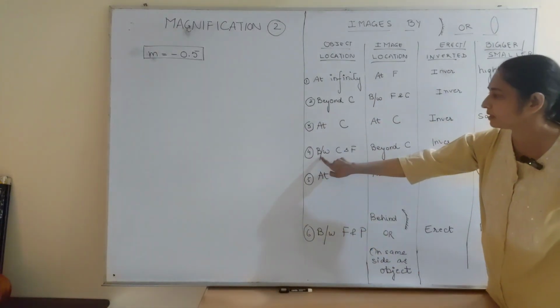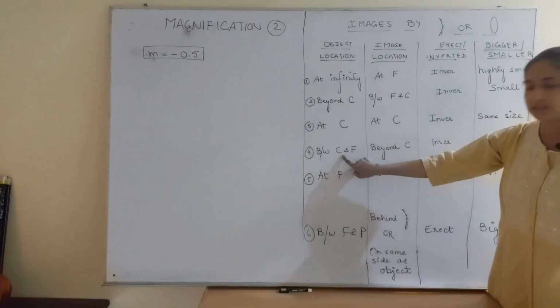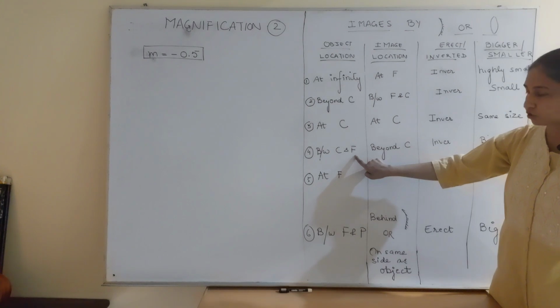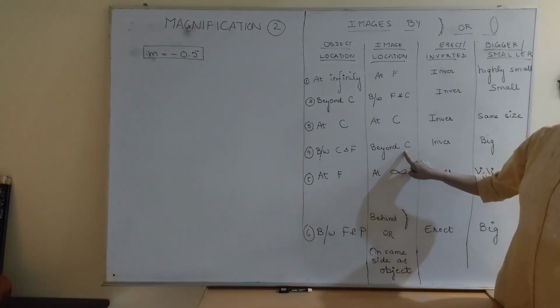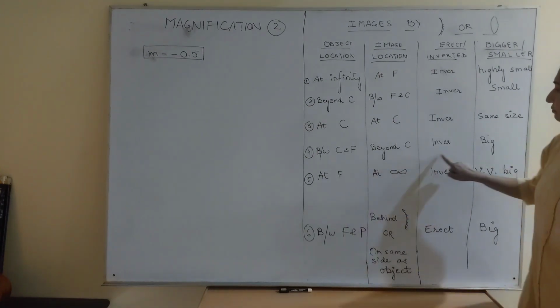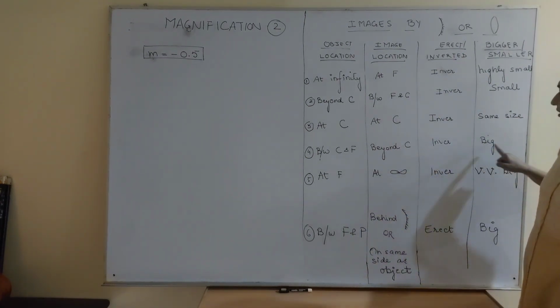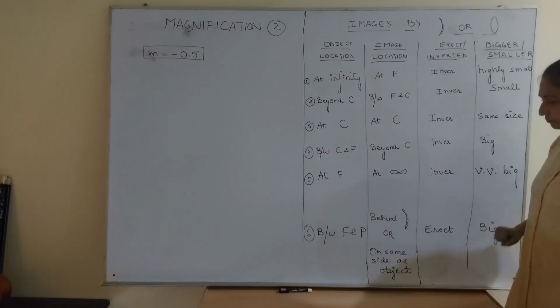If the object is between center and focus, where is the image? The image is beyond C. I'm not explaining, I'm just assuming we understand all this. The image is again inverted and big in size. It's magnified or big, however you may call it.